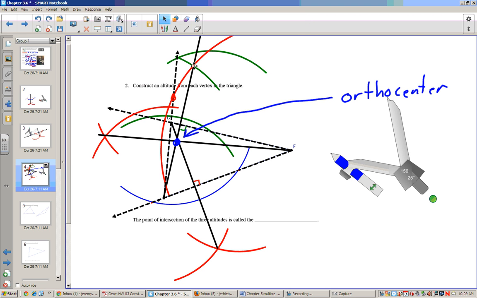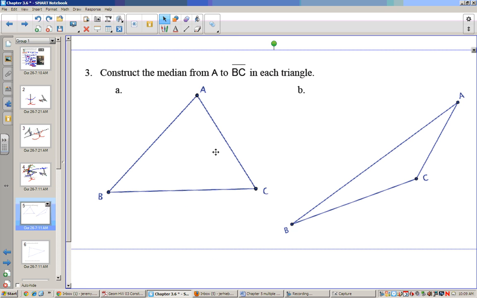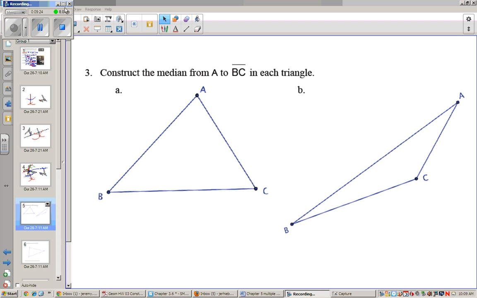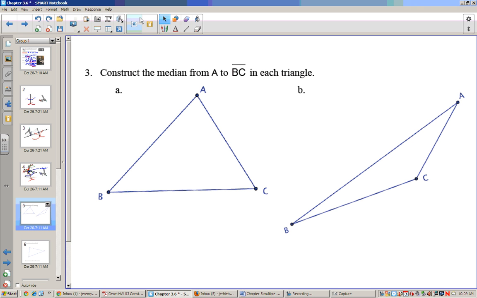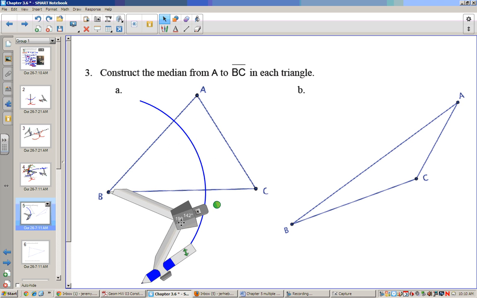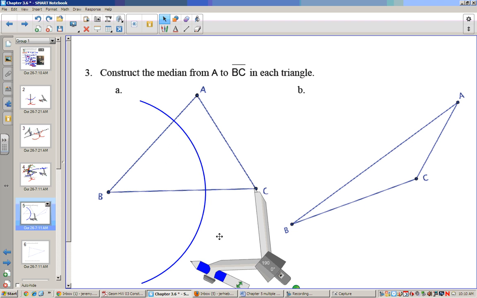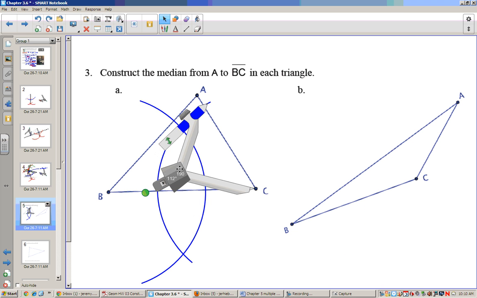All right, moving on to number 3. Now we're going to construct a median. A median starts at a point and hits the midpoint of the opposite side. So first thing I need to construct is a midpoint. So I go more than halfway, draw an arc, go to point C, draw an arc.